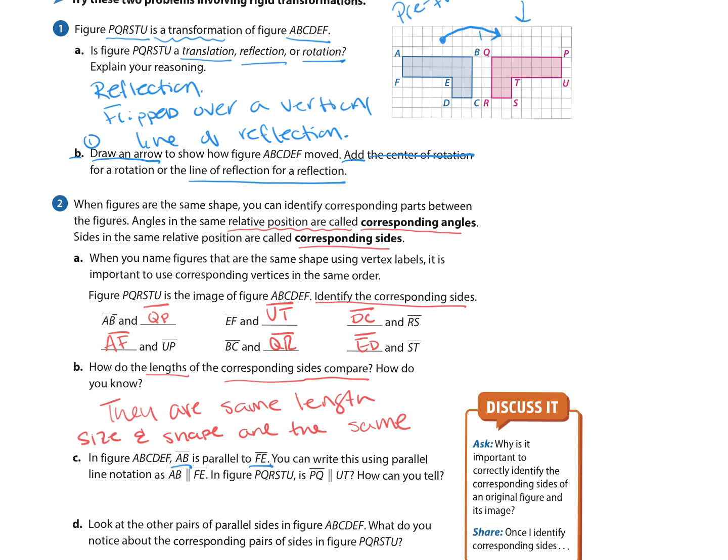So AB is parallel to FE, and QP is parallel to TU, because if they're parallel in the pre-image, they're going to still be parallel in the image, because again, we didn't change the size, we didn't change the shape. So if the sides started out parallel in the beginning, after the transformation, they're still going to be parallel.